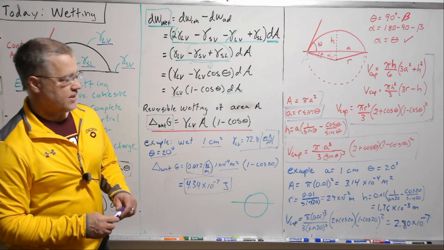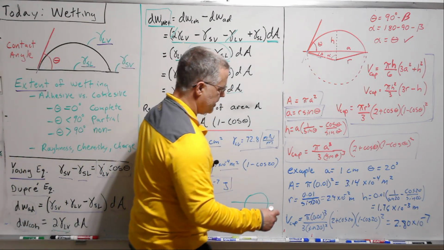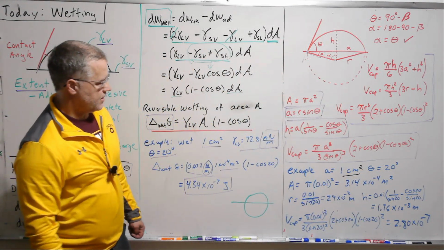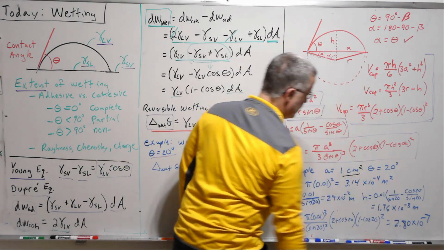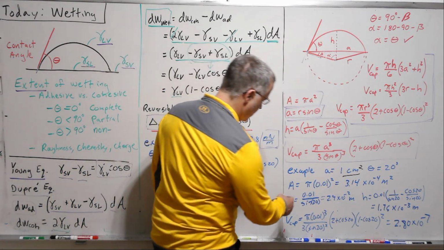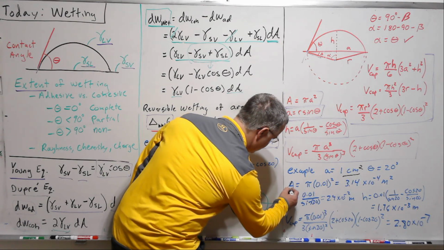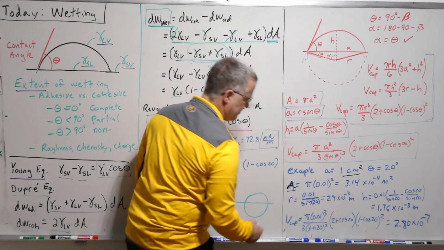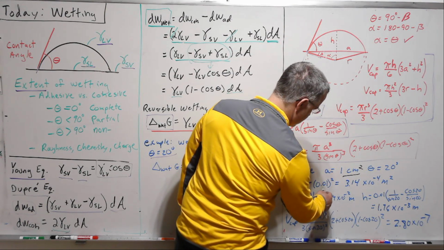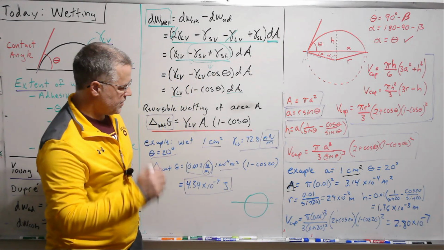So let's just do a very quick example. Let's say we want to wet an area of 1 square centimeter, with a wetting angle of 20 degrees. Let's get some of the parameters then. So the wetting area, which I guess we've been using this fancy A when it came to the physics of it, is a pretty simple formula, and we can get that in square meters.